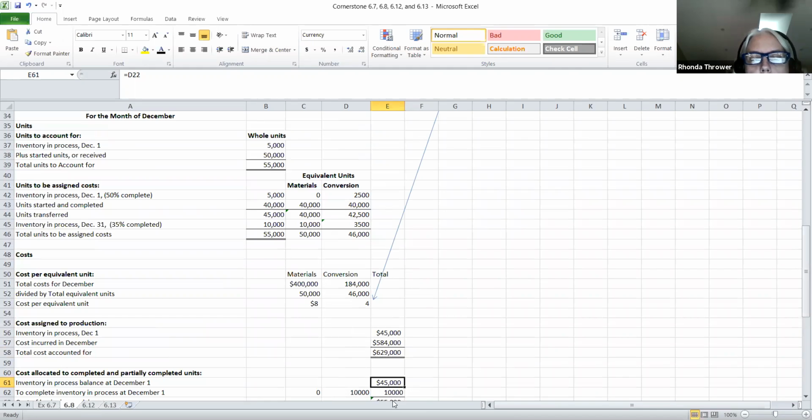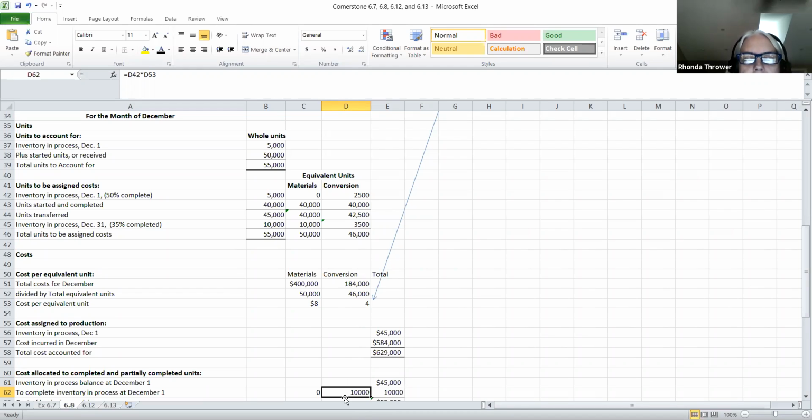All right. Now, in this part right here, students are always asking me how do I calculate this? So listen up carefully. We're in the conversion column. So we have to add some conversion costs to our beginning inventory to get the beginning inventory cost finished.